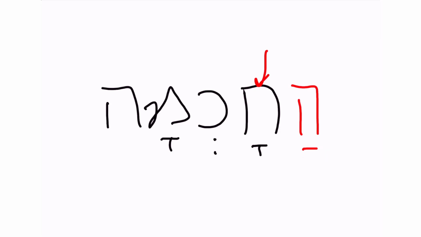Ha-chokhmah. And what they say is that you have virtual doubling. You have a virtual chet going this way and a virtual chet going that way, but it doesn't show up in the writing system. So this is called virtual doubling. So you will see this at times. Sometimes that patach will not lengthen to a qamets.